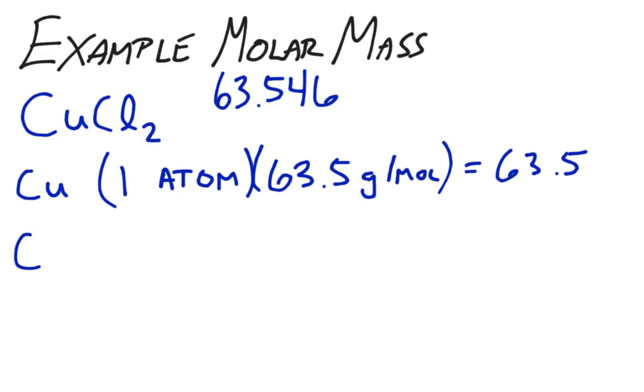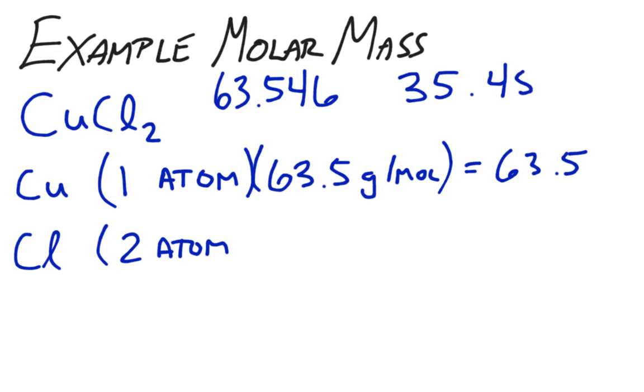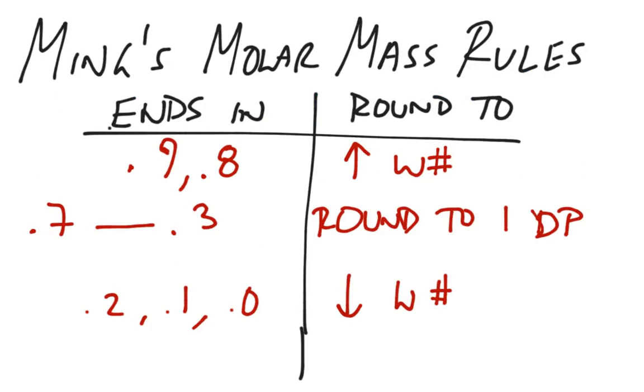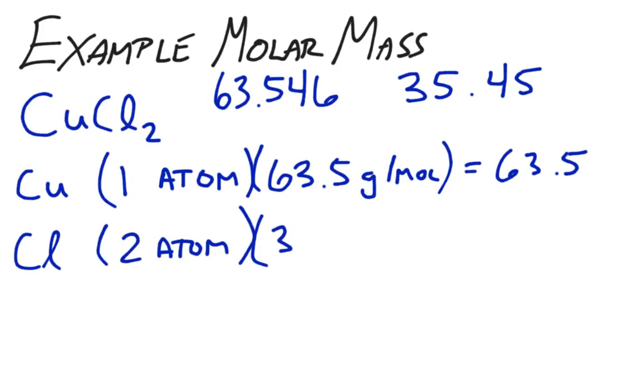We're then going to look at chlorine. In this particular compound, we have 2 chlorine atoms. Each chlorine atom has an atomic mass of 35.45. Again, using our rules from the previous page, we're going to round to 1 decimal point. 2 times 35.5 is 71.